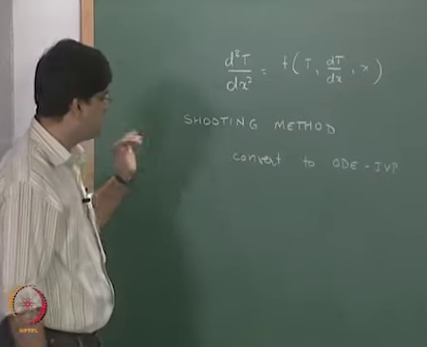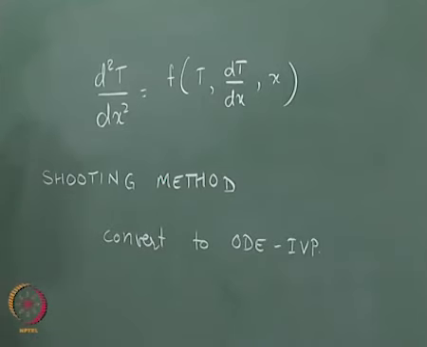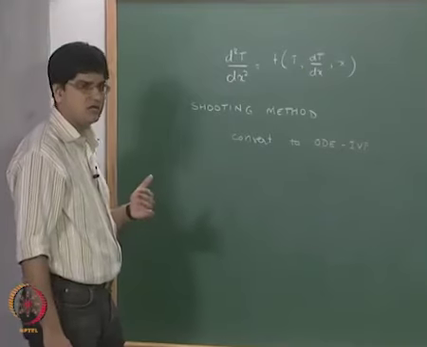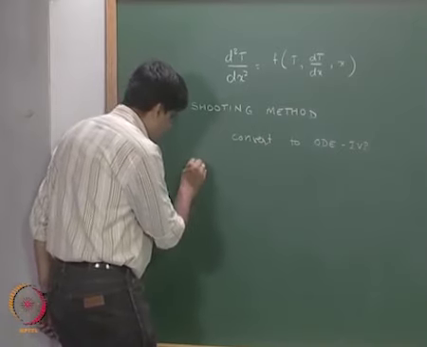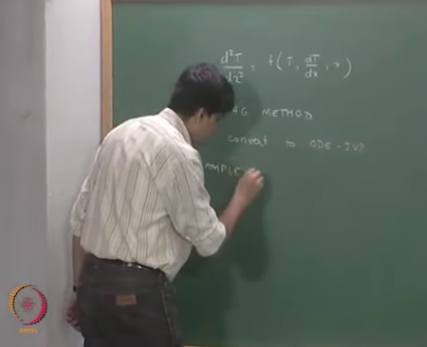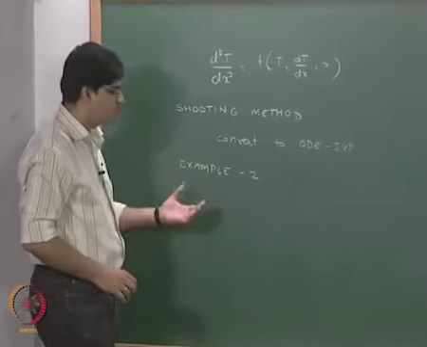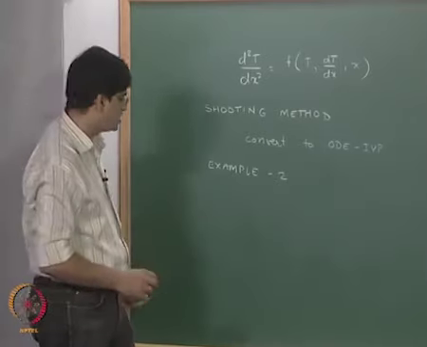In today's module, first I am going to take up an example where the shooting method is not going to work. The second example that we had spoken about in the first lecture itself was a reactor with axial dispersion, and that was our example 2. That was based on a modification to the example we had done in ODE initial value problems.